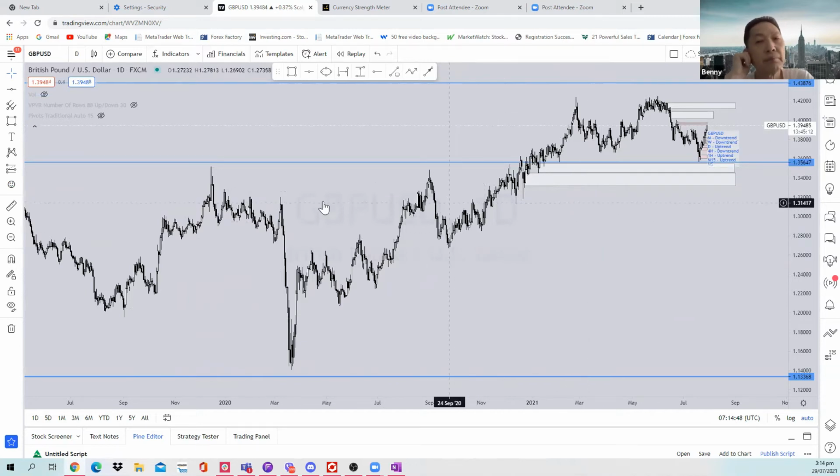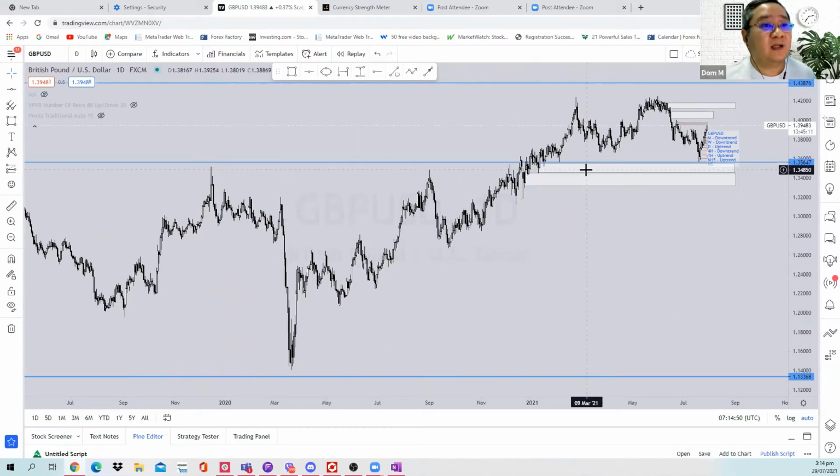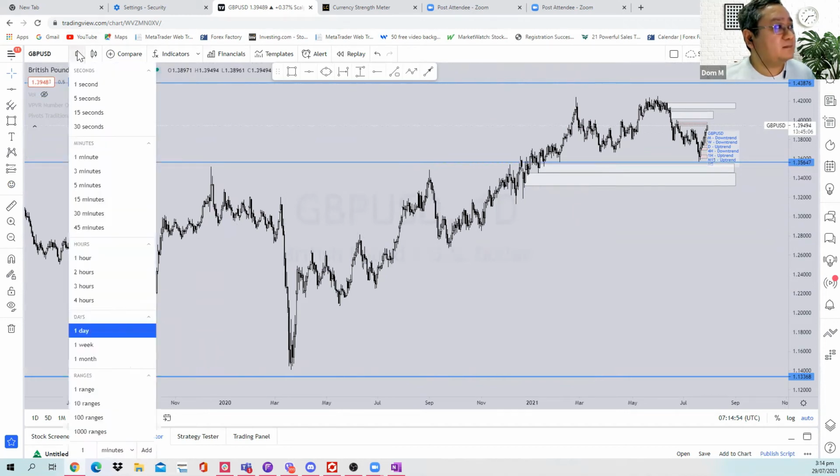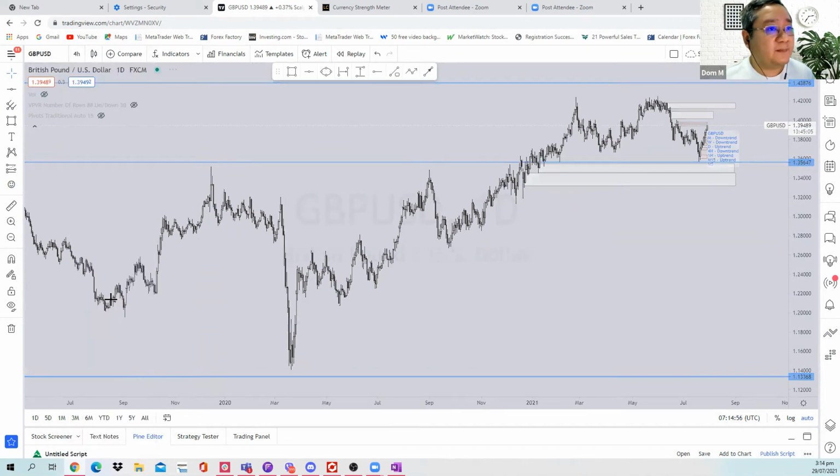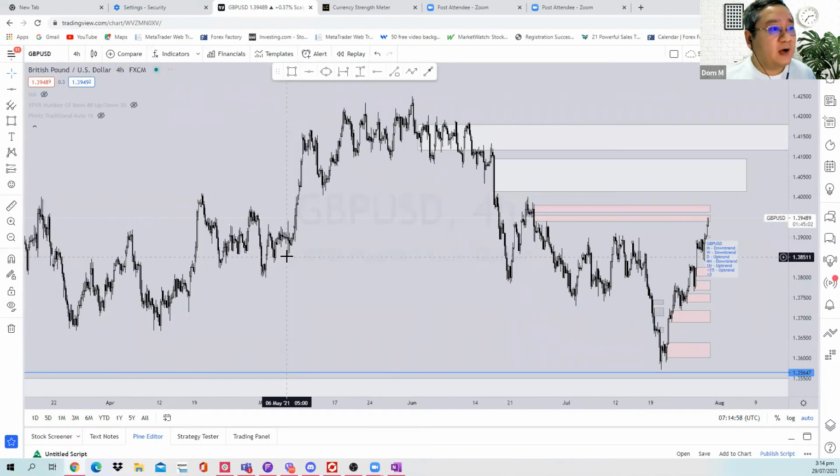At one day, I saw that this was already an uptrend. From a 4-hour perspective, for me, this is still a downtrend, but again, it's changing, because the higher high is not confirmed, right?